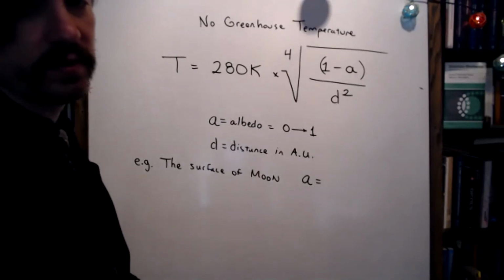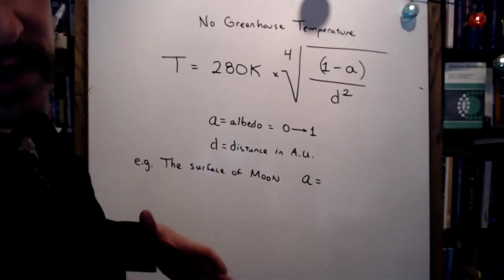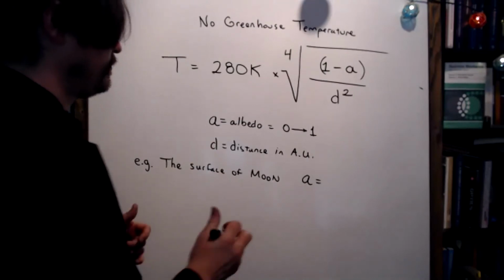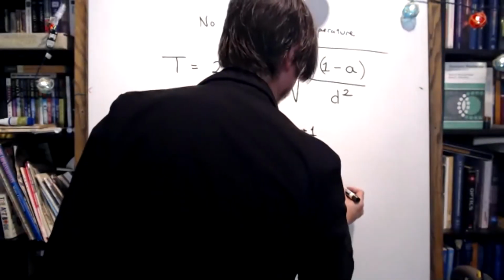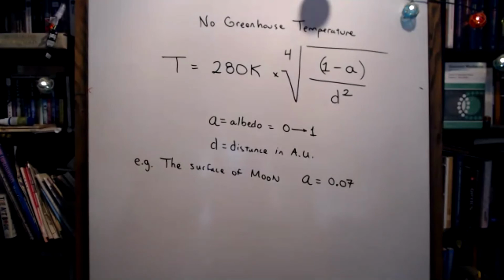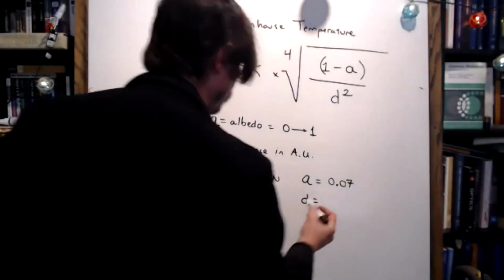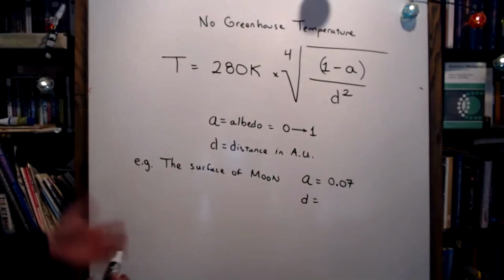Seven, around about 7 what? %. How do I write that as a decimal, Noah? 0.07. Thank you. That's right, Noah. Good memory. That was right in the middle of the sliding scale there. Noah, what should I use for the distance to the moon? 1 AU. Yeah, it's about the same as Earth, right?